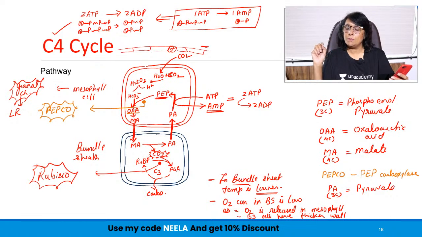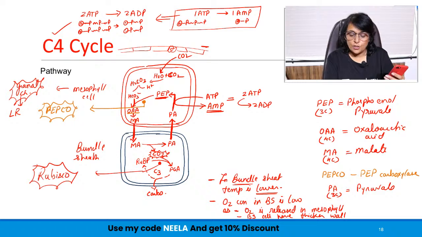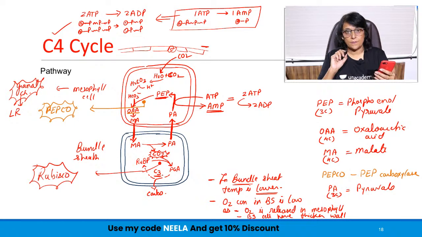Is this C4 pathway clear? What is happening in mesophyll, what is happening in bundle sheath, and why this adaptation is seen in case of C4 plants. What have they done? They have an adaptation by which the site of the C3 cycle has been shifted. The C3 cycle takes place in bundle sheath cells.